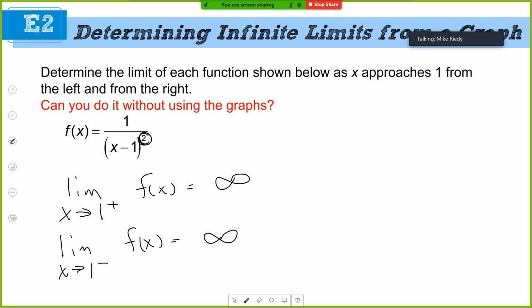It determines the behavior around the asymptote. If that power is even, it will always do the same thing: both go up or both go down. If that number is odd, one goes up, one goes down.